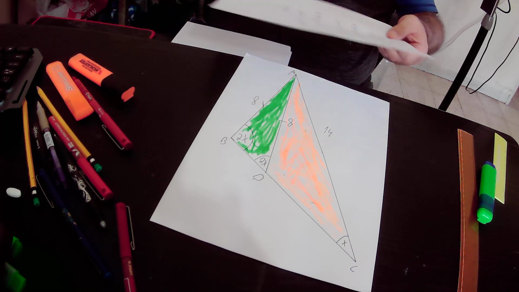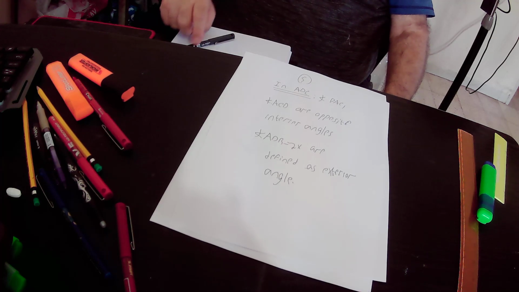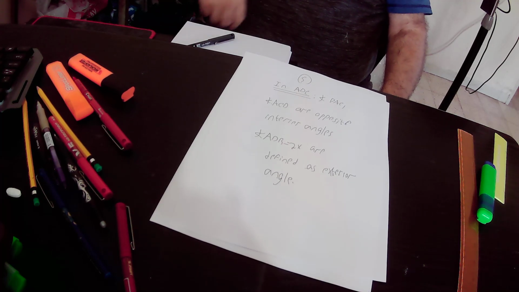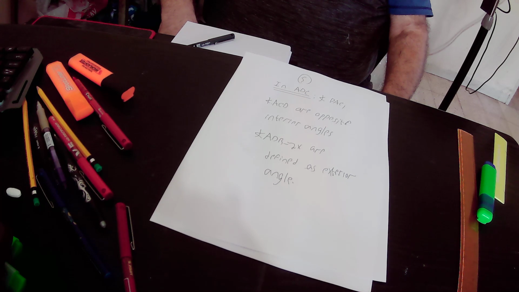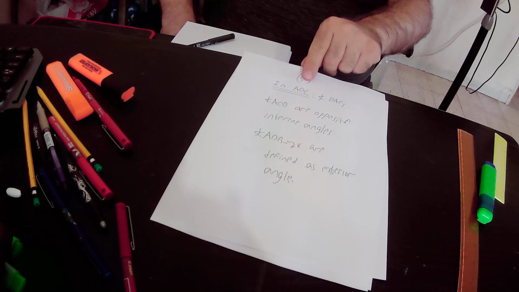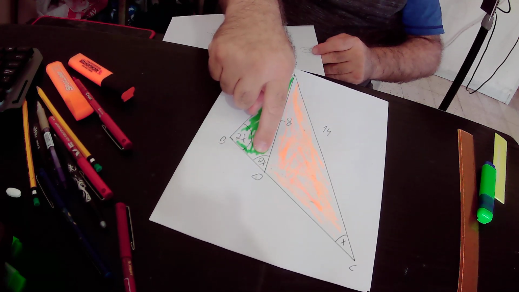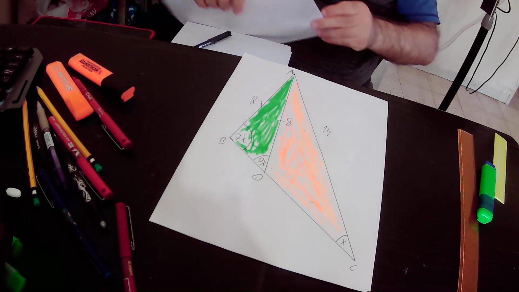So in the orange triangle ADC, angles DAC and ACD are the opposite interior angles, while angle ADB, which equals 2x, is the exterior angle.